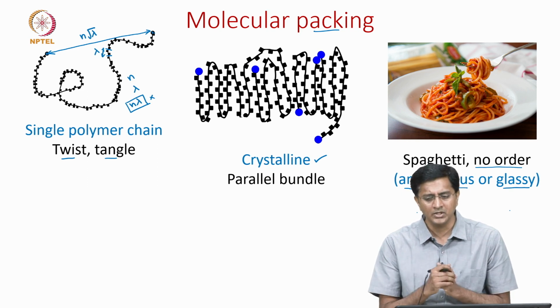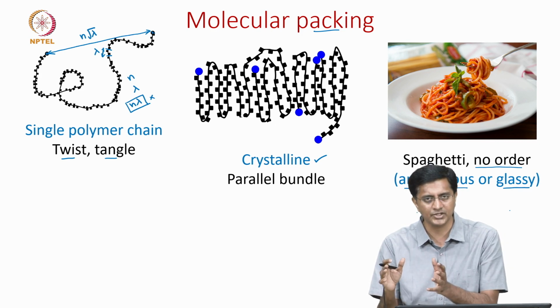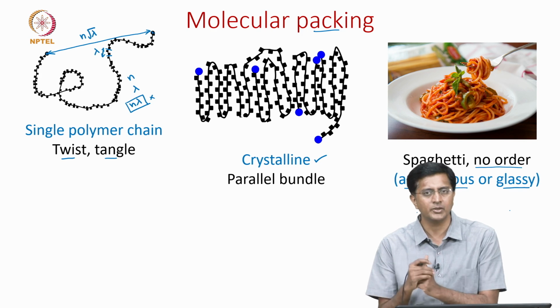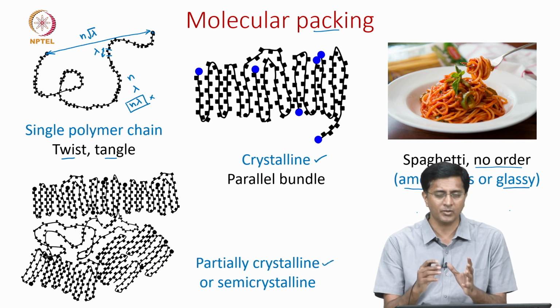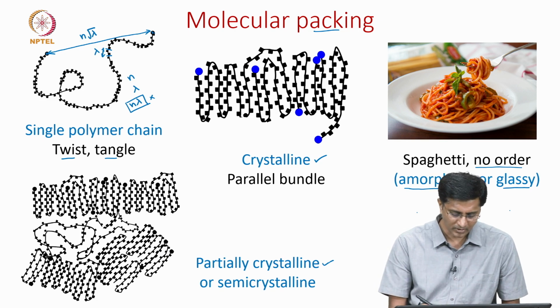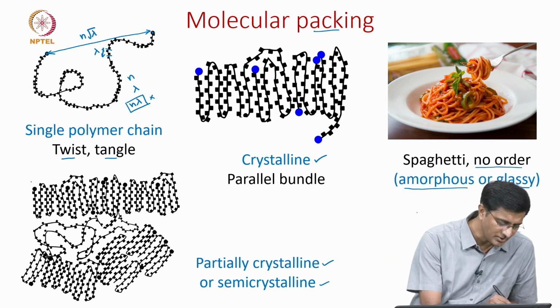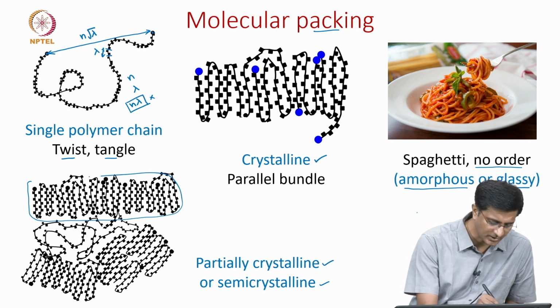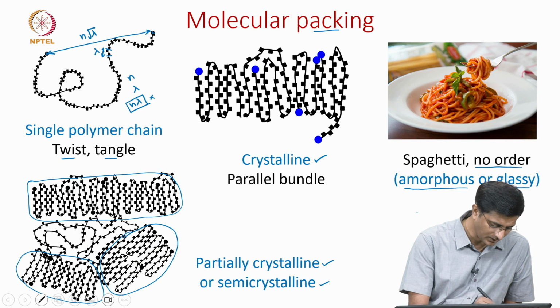So, these are two extremes, but polymer-wise, some of them are amorphous polymers, which means there is no order in their packing, but some of them are partially crystalline. None of them are completely crystalline because that only happens in metals, but in polymers we call it either partially crystalline or semi crystalline, because we have some regions like these which are crystalline, but again there are some regions like for example here where things are amorphous.